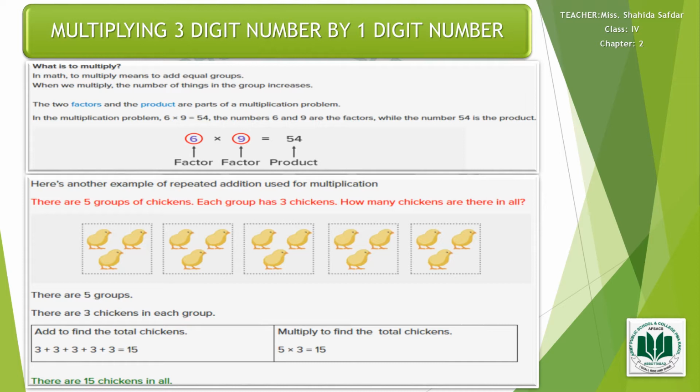Now, we can get our answer either by addition or by multiplication. Add to find the total chickens. The answer is 15. And when we multiply to find the total chickens, the answer is again 15. So, there are 15 chickens in all.